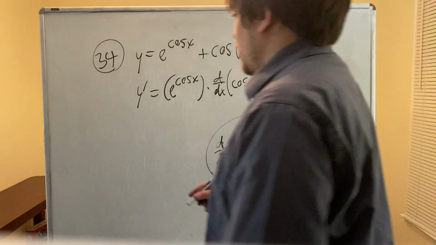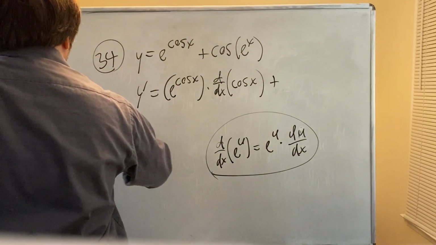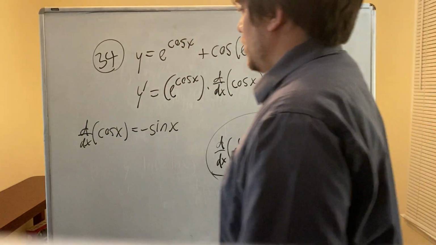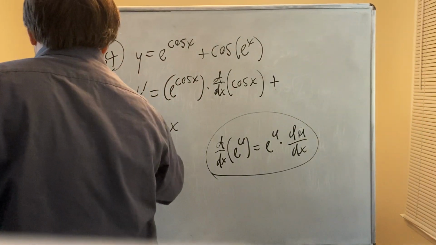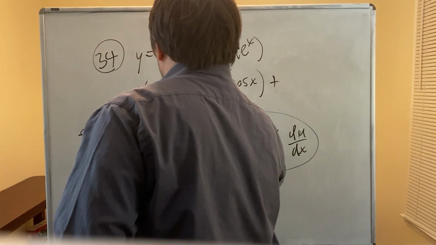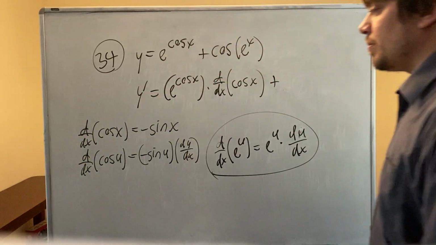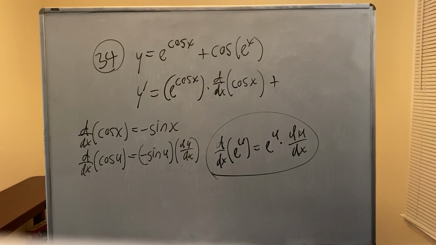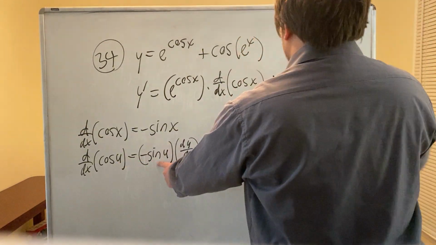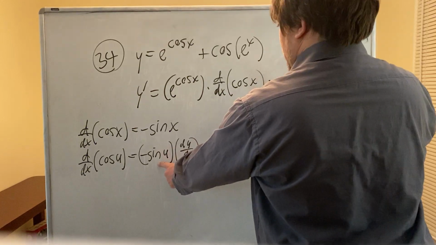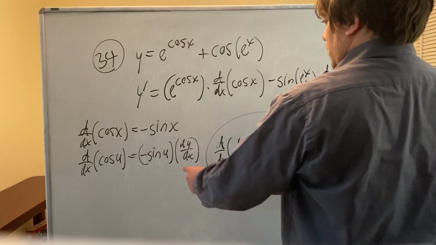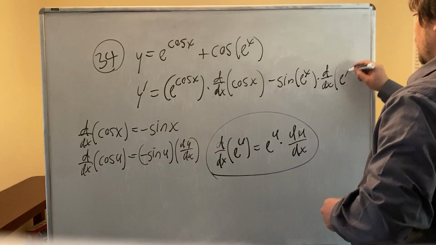Well, okay, so wait, actually, d dx of cosine x is negative sine x, right? And you combine with the chain rule, d dx of cosine u is equal to negative sine u times du dx. Okay, so here u is a function of x. So d dx of cosine of e to the x is equal to minus sine of e to the x times d dx of u, which is e to the x.